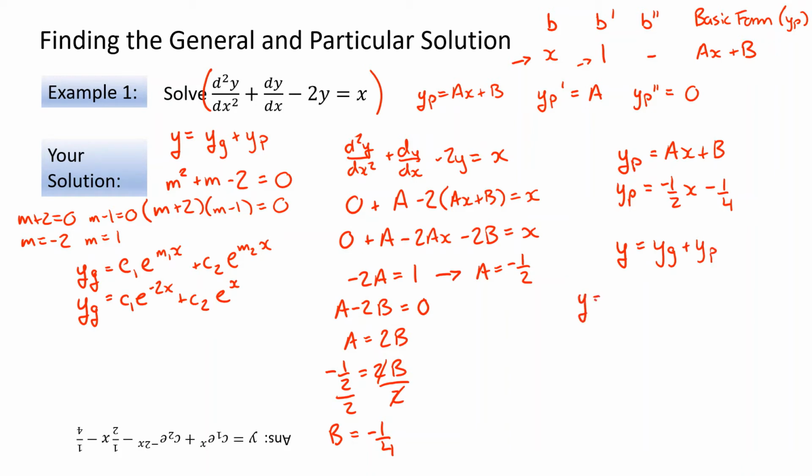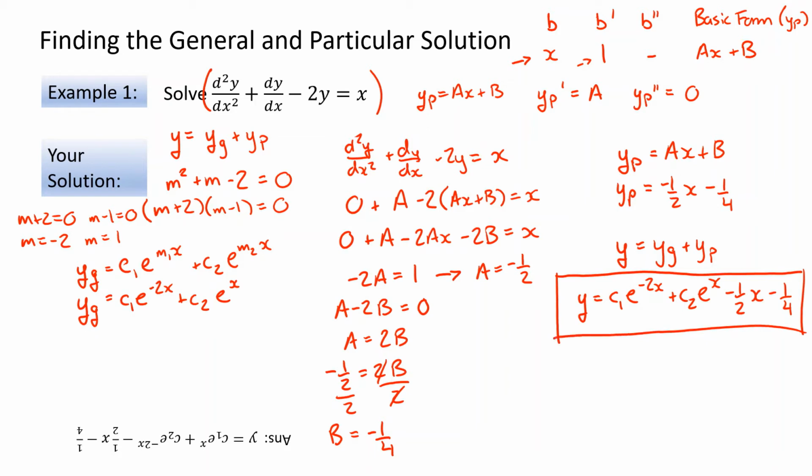So y is equal to c1 e to the negative 2x plus c2 e to the x minus 1/2 x minus 1 over 4. Okay? And as you do more versions of the particular solution, you're going to pick up this basic form very quickly.